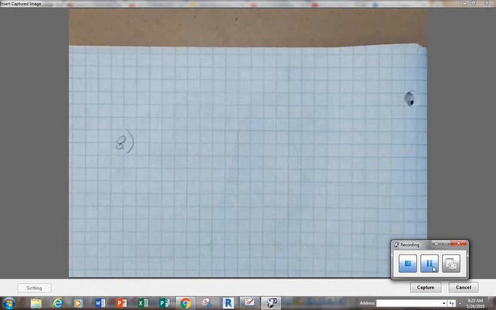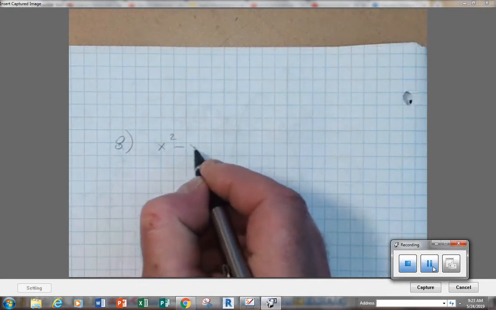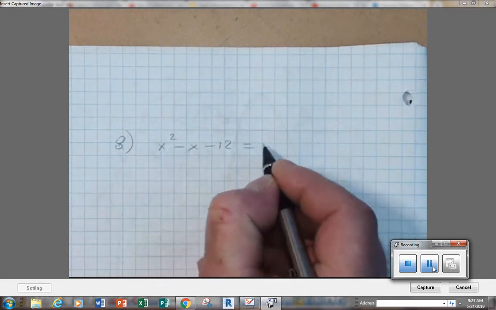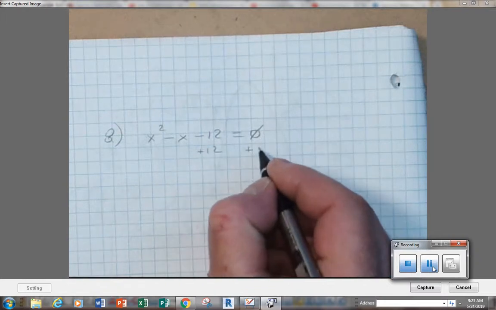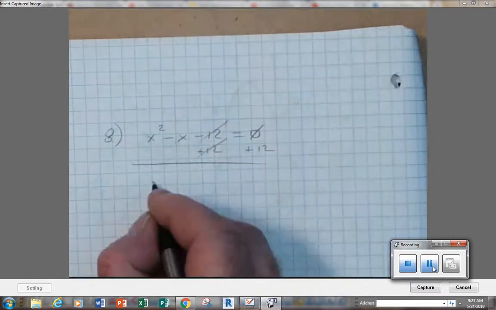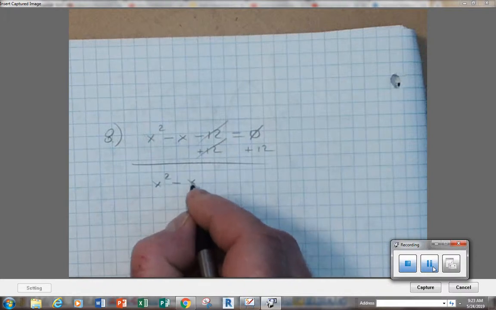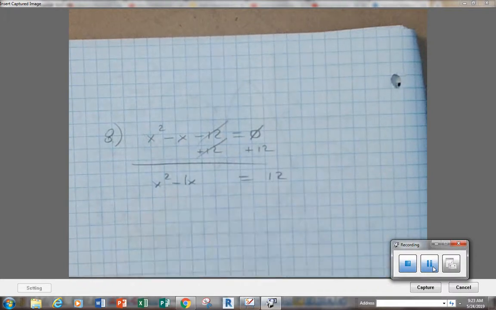8 says find the roots using completing the square method. So I'm going to get this 12 on this side right here. I'm going to take half of b.